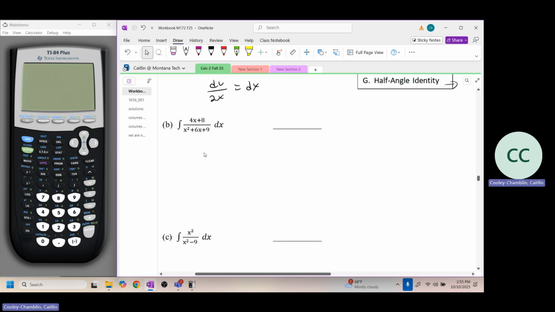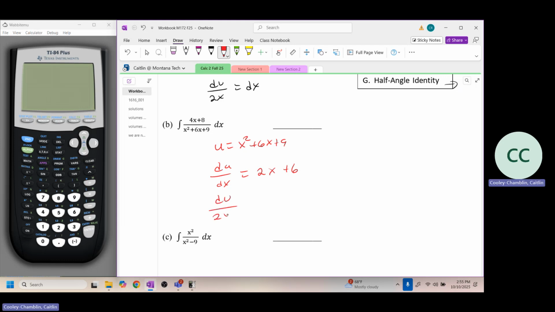Okay, B, we have 4x plus 8 over x squared plus 6x plus 9. So you may be thinking, well, let's use substitution like last time. Let's try it again. I'm doing this in red, notice. U equals x squared plus 6x plus 9. Du over dx equals 2x plus 6.